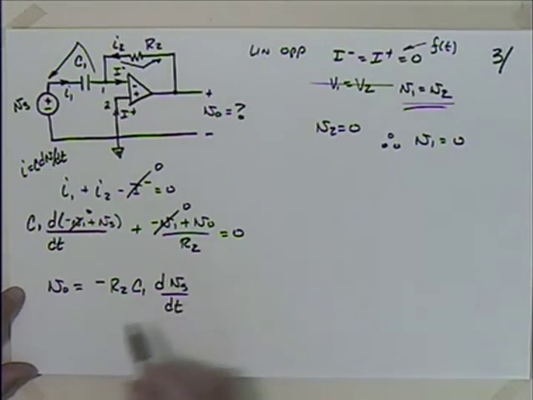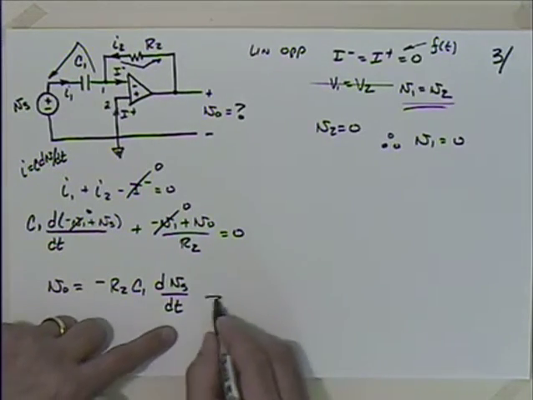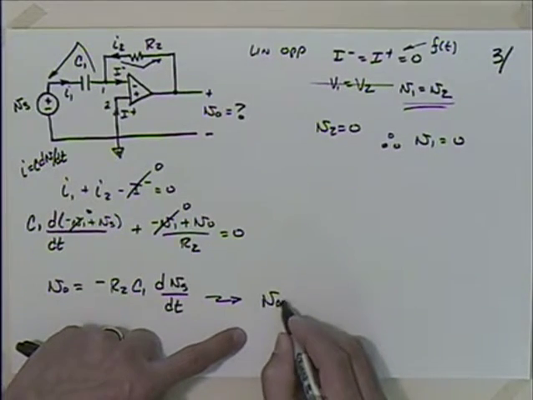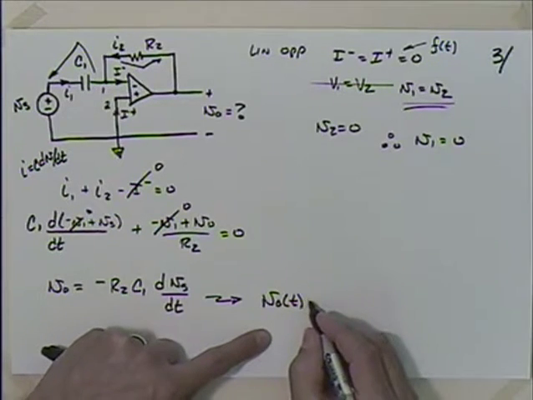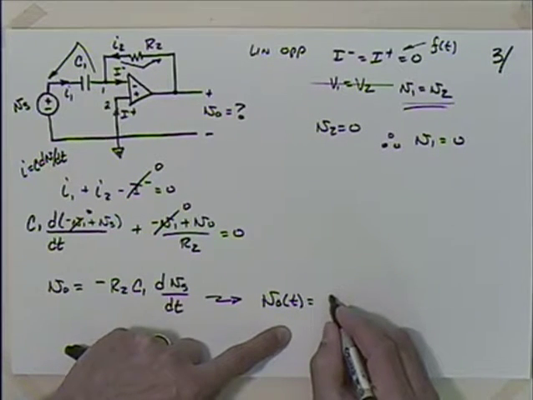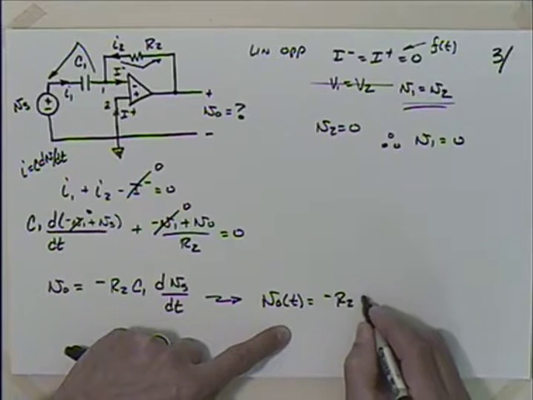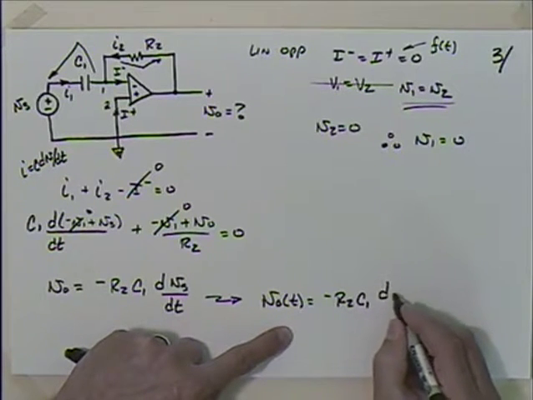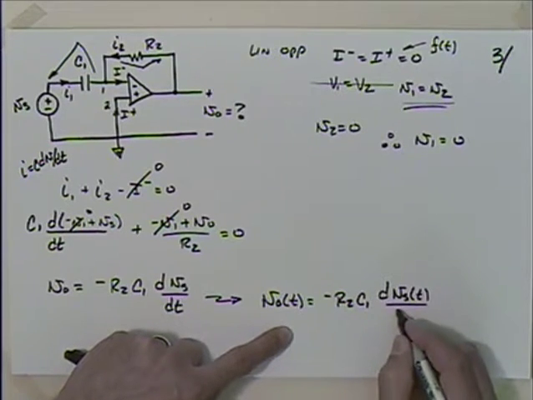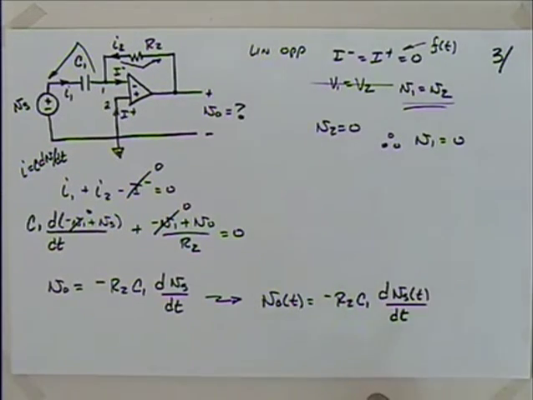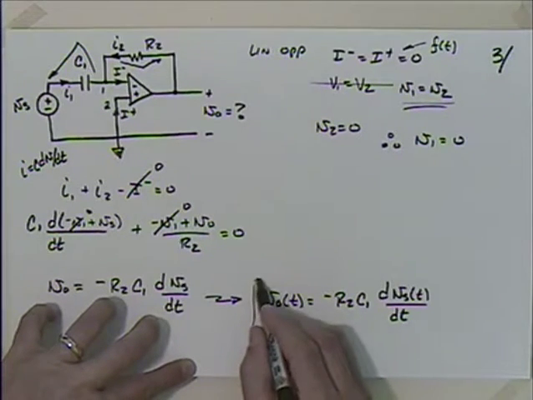Or maybe I should emphasize these time-varying functions and say that V0 as a time-varying function, V0 of t, is equal to minus R2 times C1 times the derivative of the input voltage, which is going to probably be some signal, dt. Okay, we double check that. Minus R2, C1, yeah. So that would be our conclusion here.